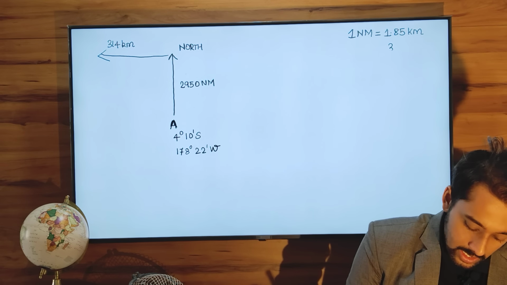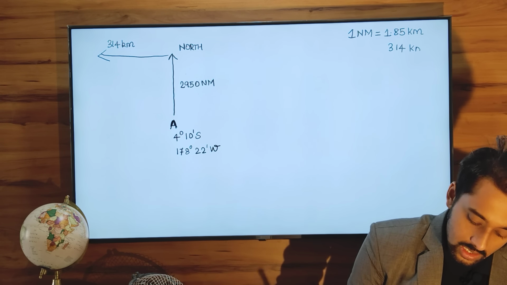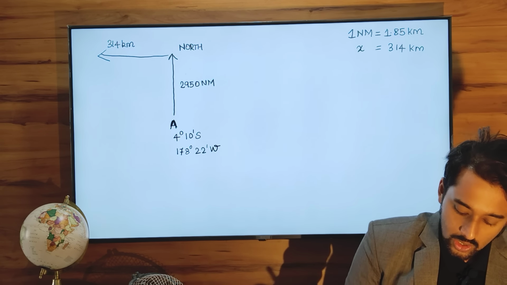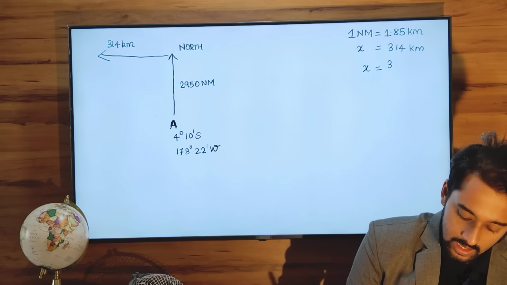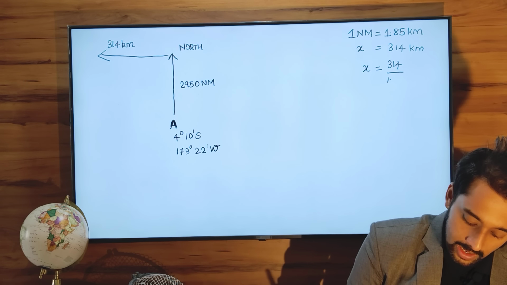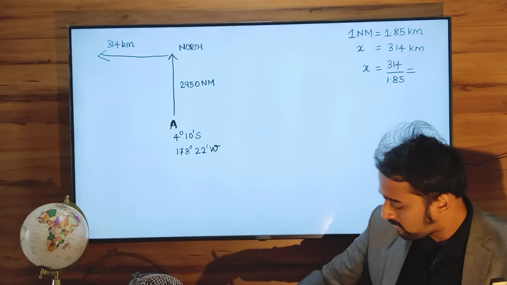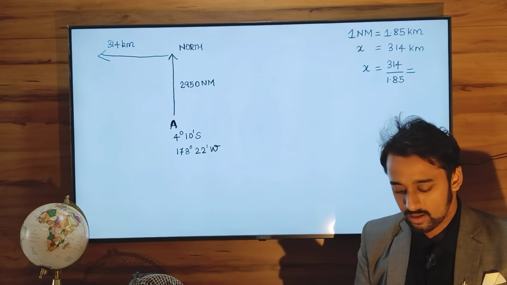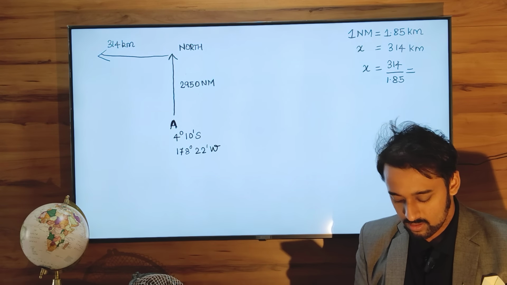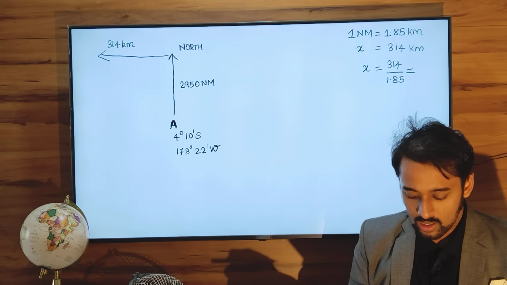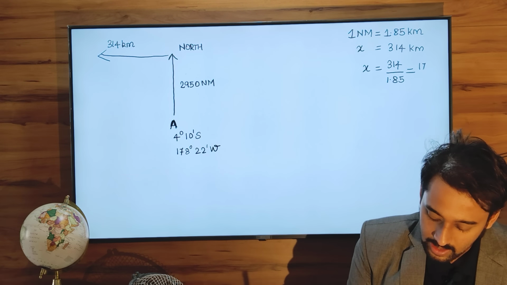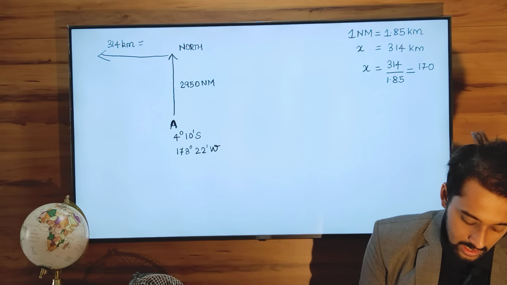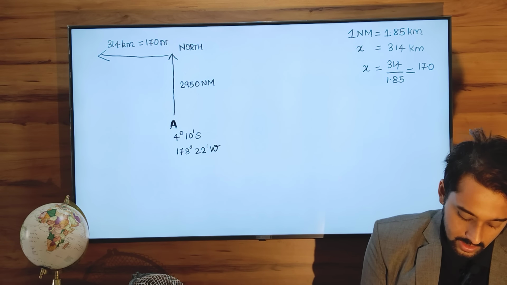So 314 kilometers will be how many nautical miles? 314 divided by 1.85, which is approximately 170 nautical miles.